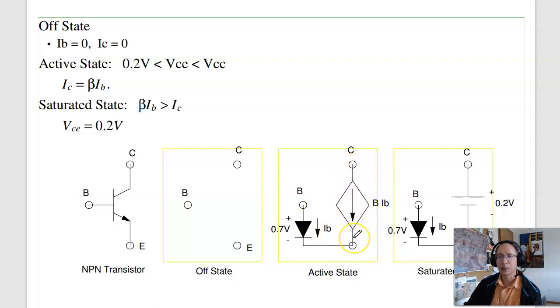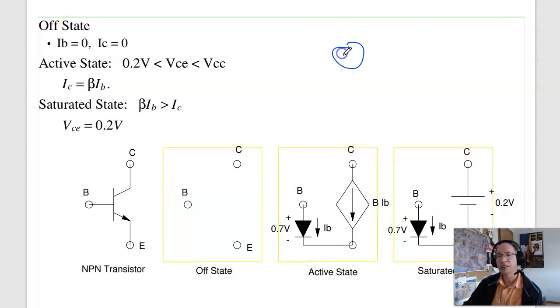That'll be like 100 IB. And again, the transistor doesn't produce current. I need to have somebody over here, some power supply, trying to push current through the transistor. This will control the current. I can turn it off, I can turn it on, I can control it with the base current, but somebody else has to provide the power.